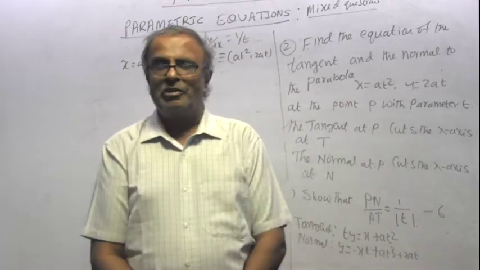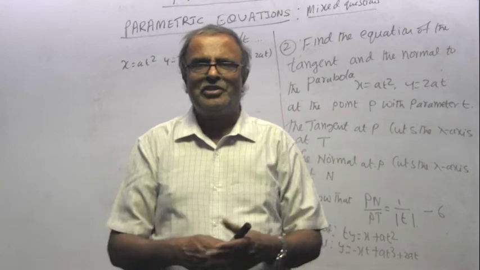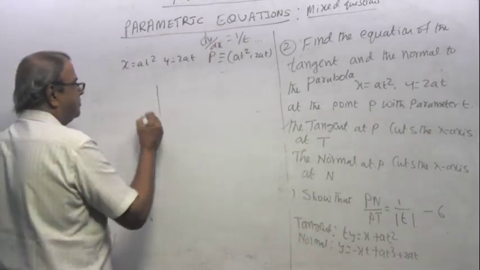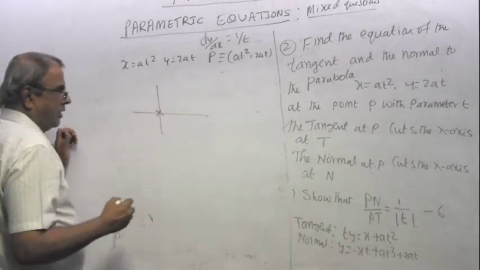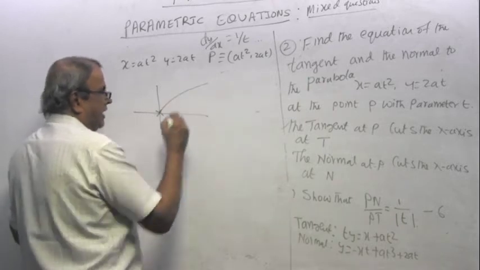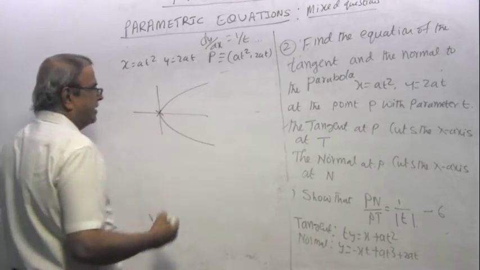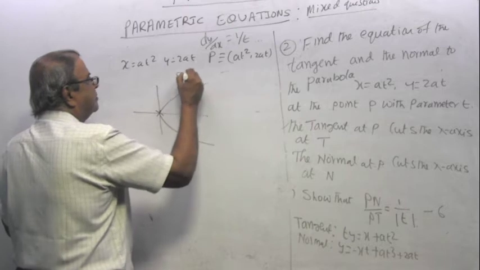How is that possible? How can you find distances without knowing N, without knowing t? You know it's a parabola. When t is 0, x is 0, y is 0. When t is 1, x is 1, y is 2. When t is minus 1, x is 1, y is minus 2. So the graph is like that. That's a point P somewhere there.